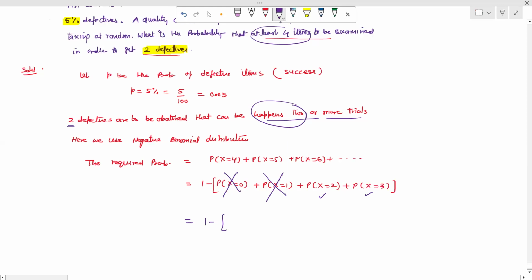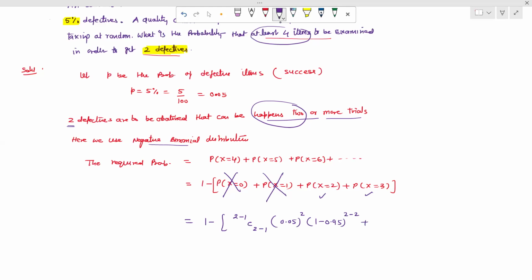So probability of x equal to 2. So how to write it by using negative binomial distribution? x minus 1 c r minus 1. So x is 2. r कितना है? r भी 2 है। प्रोबेबिलिटी कितनी है इसकी? प्रोबेबिलिटी है 0.05, रेज टू द पावर r 2 हो गया, इनटू 1 माइनस पी, तो 1 माइनस पी कितना हो गया? 0.95 हो गया, 0.95 रेज टू द पावर कितना हो गया? x माइनस r हो गया, तो 2 minus 2.